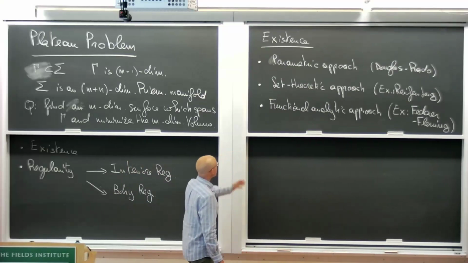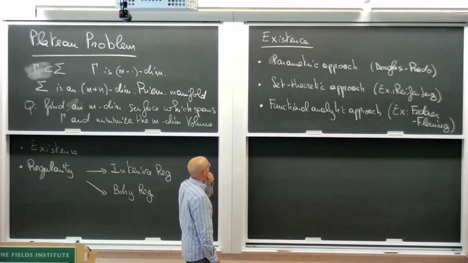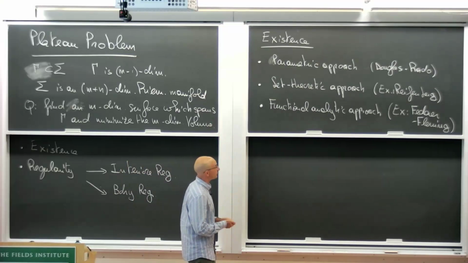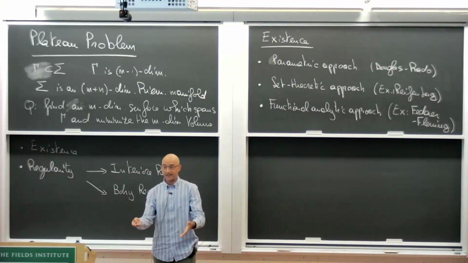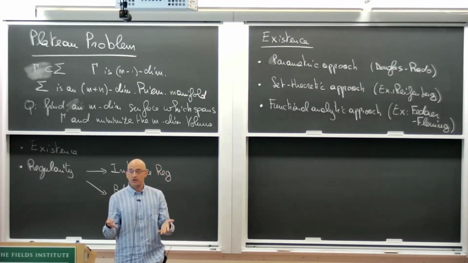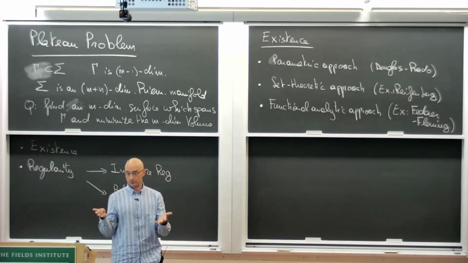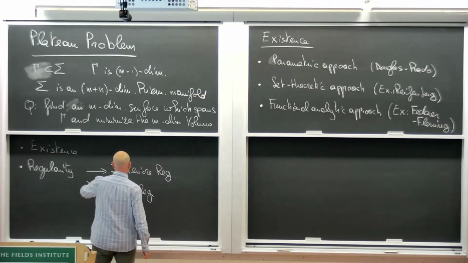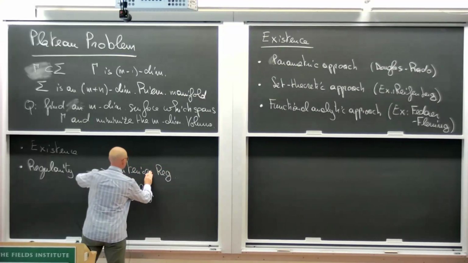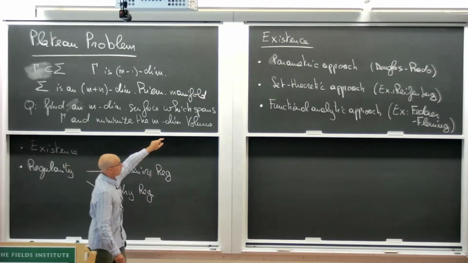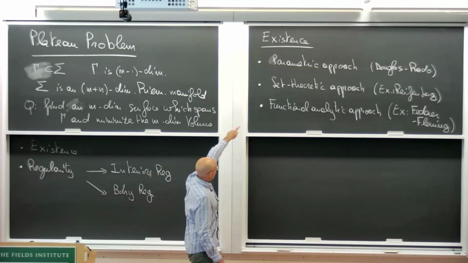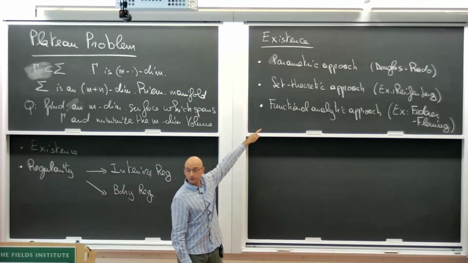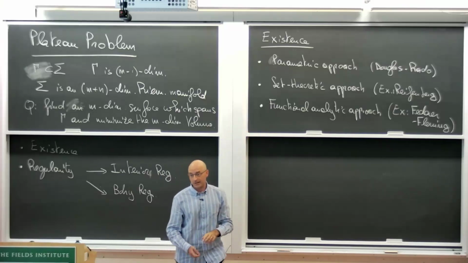Okay, so in all of these situations, you have very well-established existence theories which deliver an object, but that object is often quite irregular to start with. And it's quite funny to see that interior regularity is essentially completely solved in the Douglas-Rado situation, but boundary regularity is not.